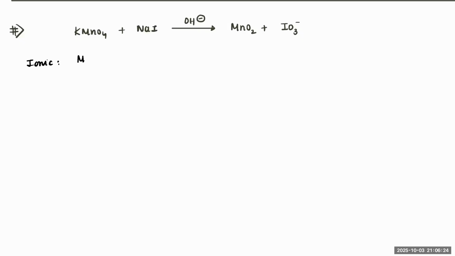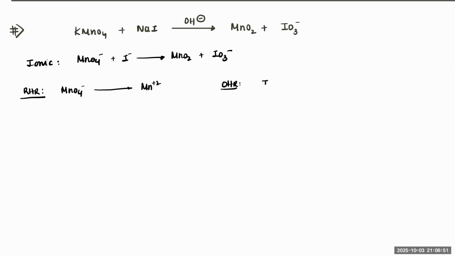Ionic form. So MnO4 minus plus I minus is giving MnO2 plus IO3 minus. I'm writing RHR and OHR because now I don't have to prove again and again that it is a redox. Just by watching them, you should be able to figure out that MnO4 is getting reduced, whereas I minus is getting oxidized to IO3 minus.